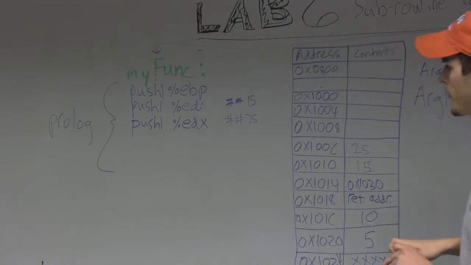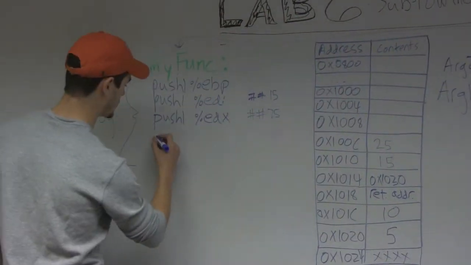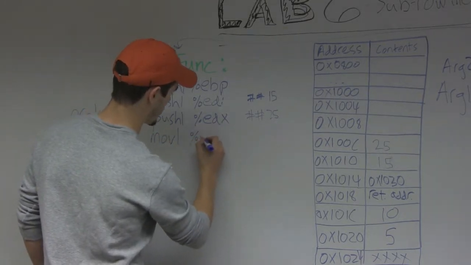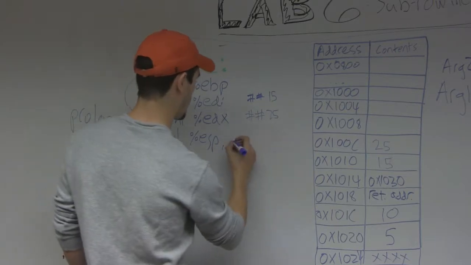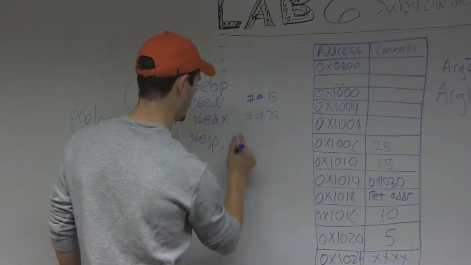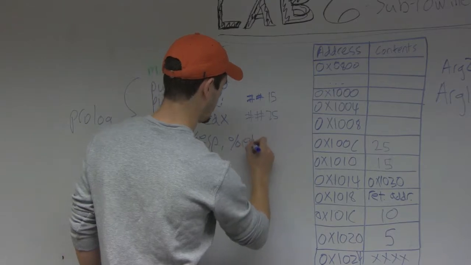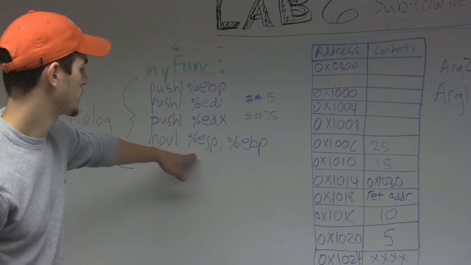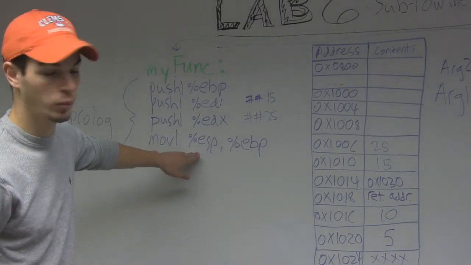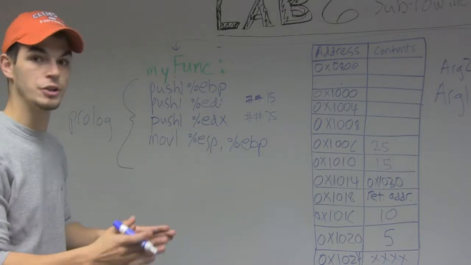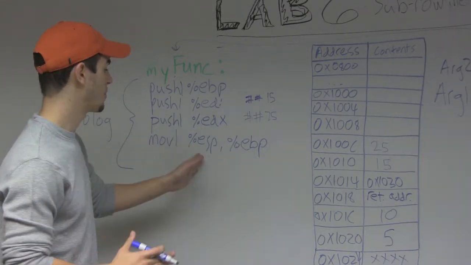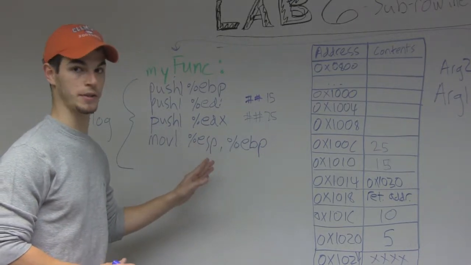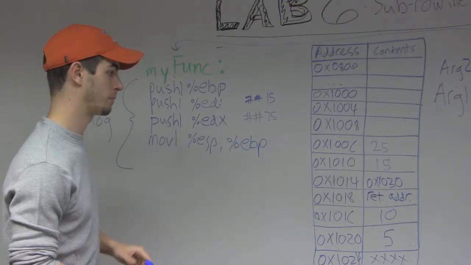Okay, so after saving those 3 registers, we now move the stack pointer into the base pointer. What this is doing is, since the stack pointer holds whatever address it points to, by moving it to EBP, we're storing the address that is pointed to by the stack pointer into EBP.